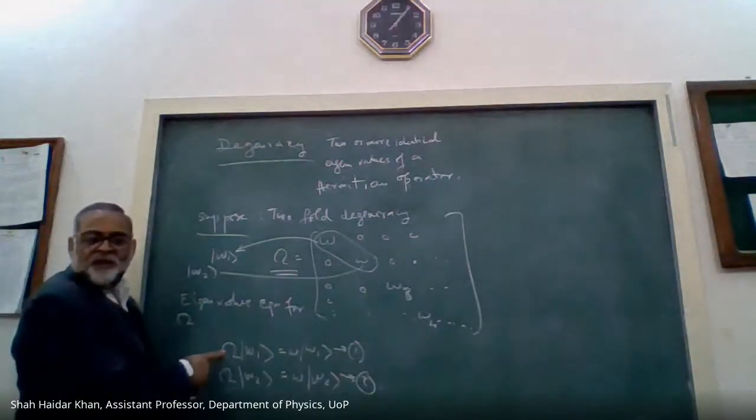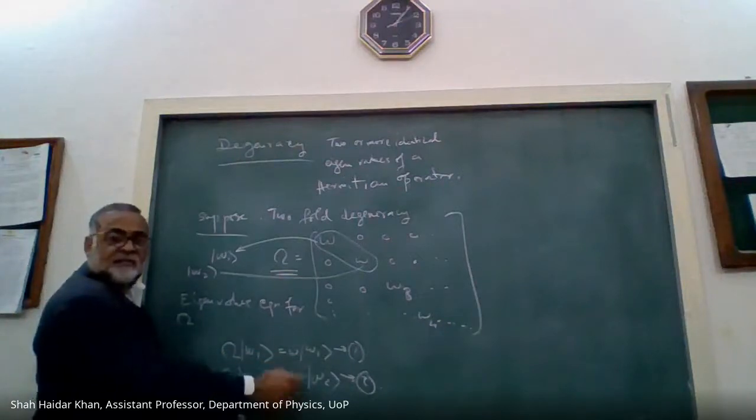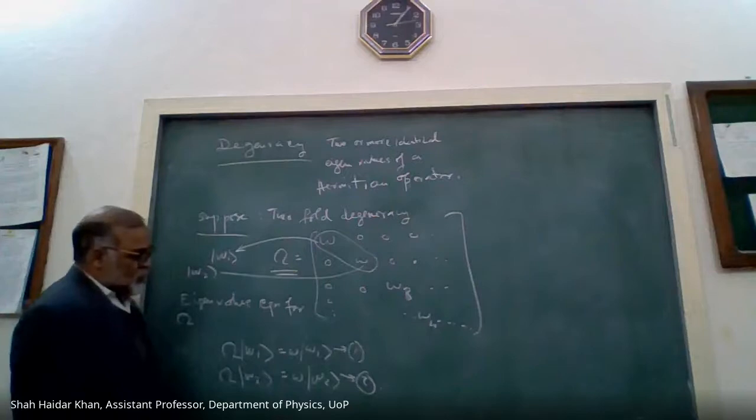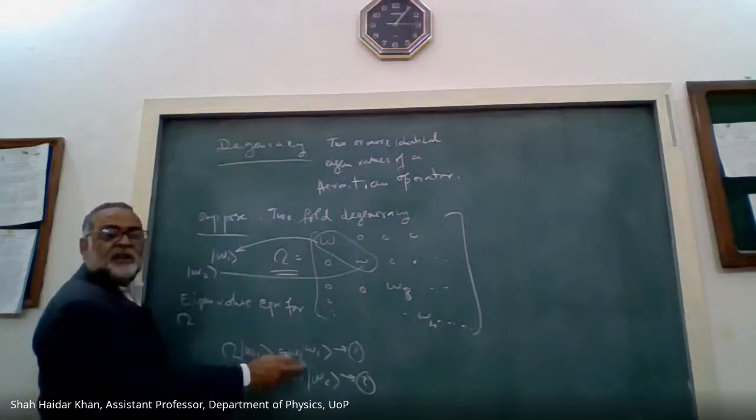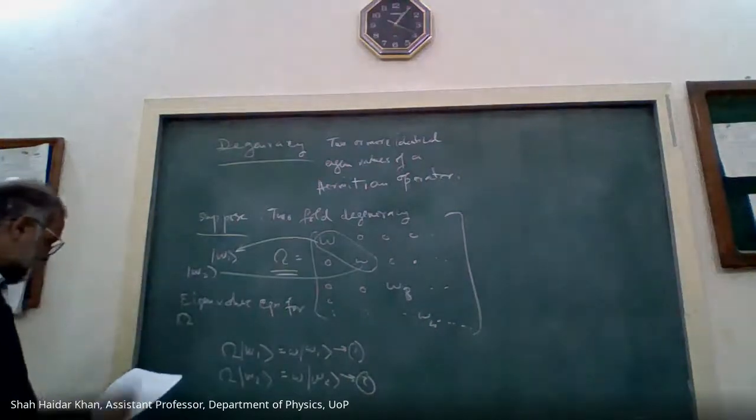This is the situation. We have a twofold degeneracy. The eigenvalues are the same for these two situations. Let us write a linear combination of these two vectors.